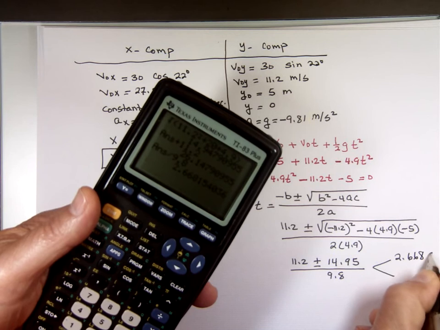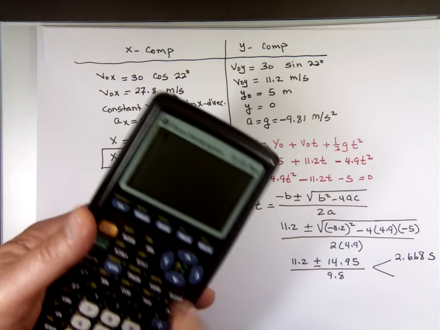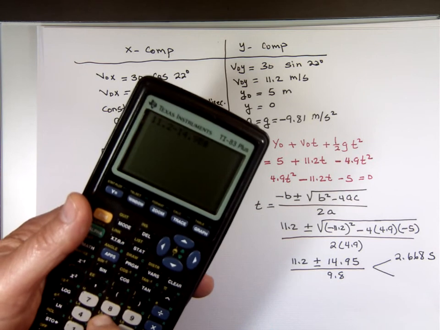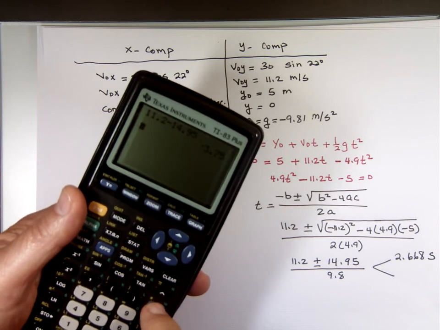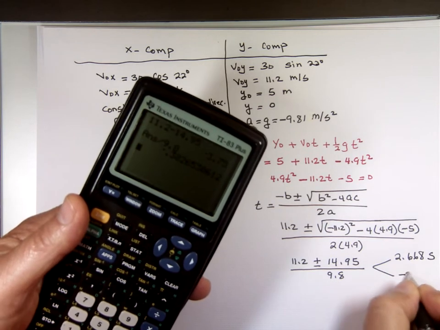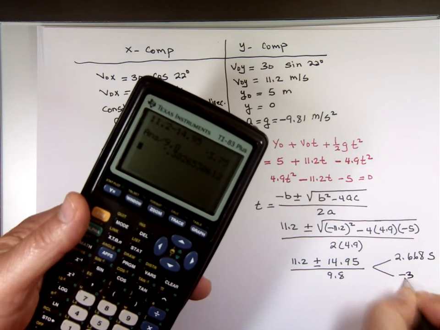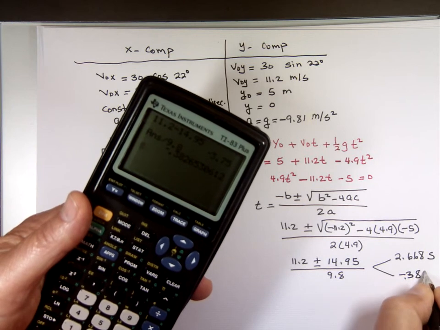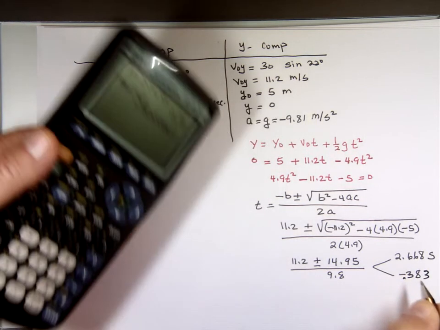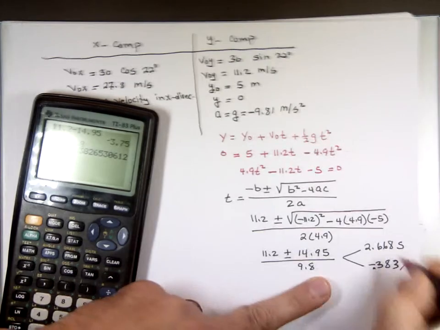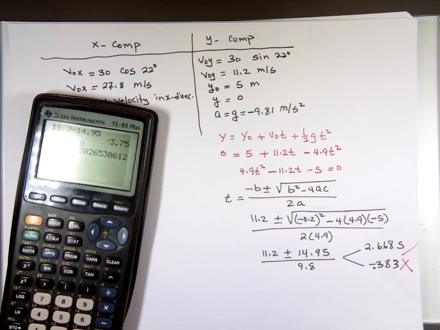And the other one, 11.2 minus 14.95 divided by 9.8, is negative 0.38 second. Well, we know there's no such thing as negative time, right? So that answer is wrong, and the only answer that makes sense is 2.668 seconds.